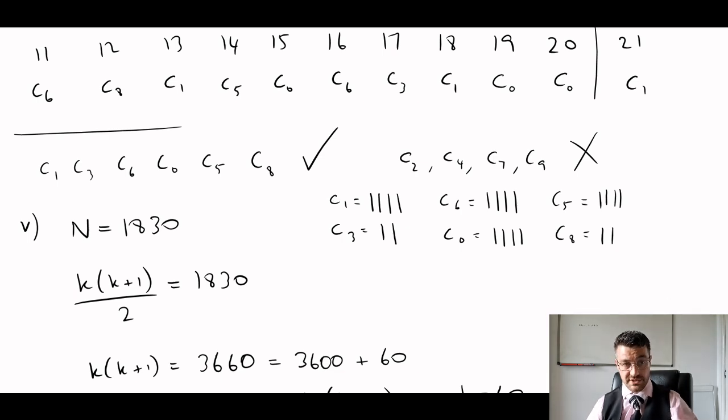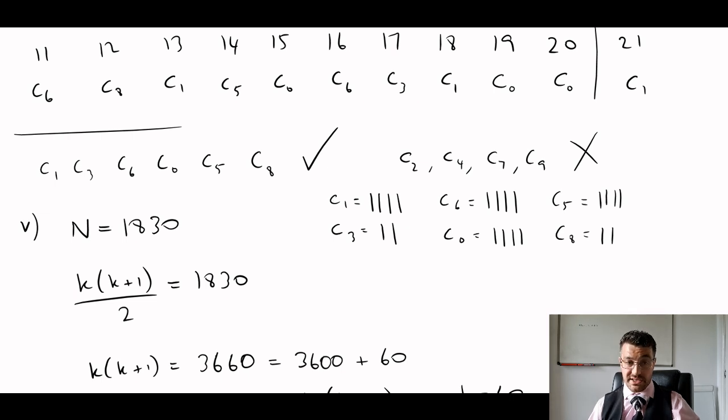So in 60 sweets, I just multiply these by 3. So which receive the most? It's going to be C1, C6, C5, and C0. So it doesn't say which child received the most sweets. It's which children.